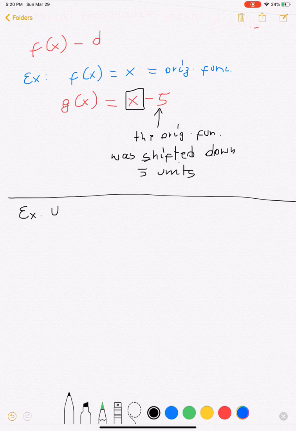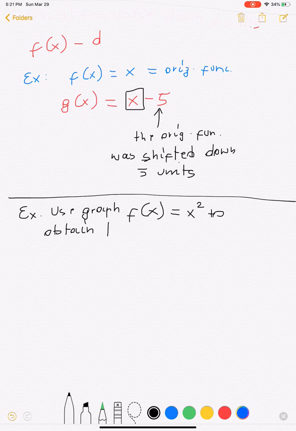Use the graph f of x equal x squared to obtain the graph g of x, which is equal to x squared plus 3.